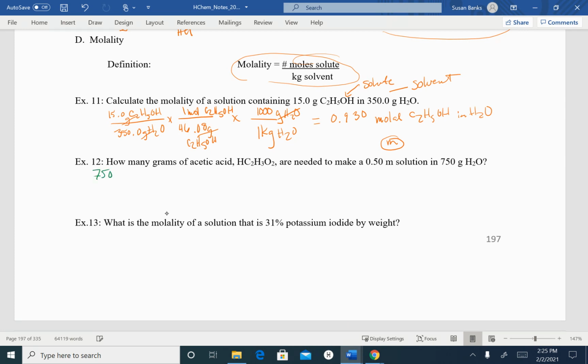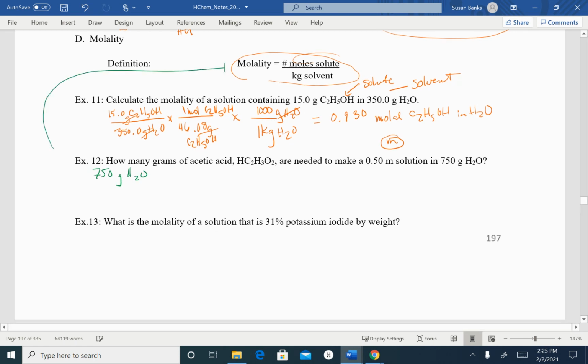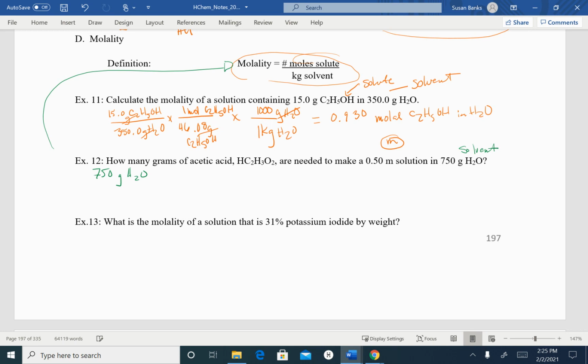So I have 750 grams of water. And if we look at molality, it's per kilogram of solvent. Hopefully you agree that water here is our solvent and the acetic acid here is our solute, right? So I need to get my 750 grams of water into kilograms, right?